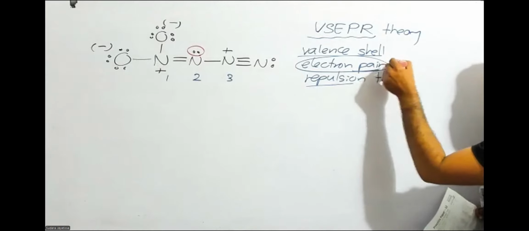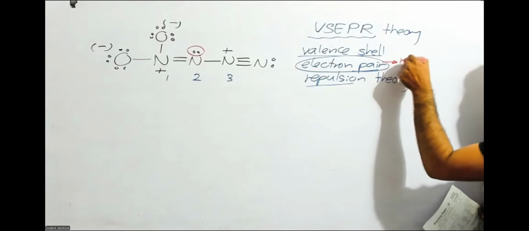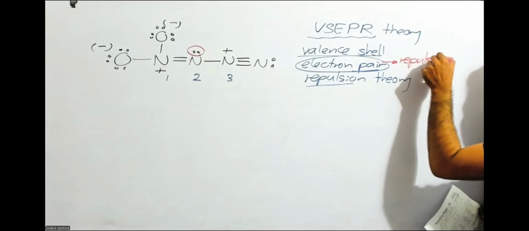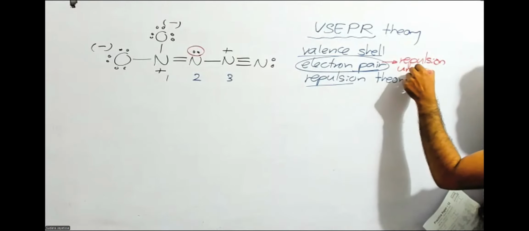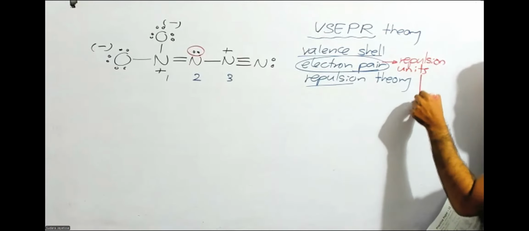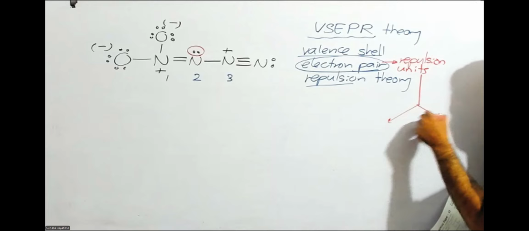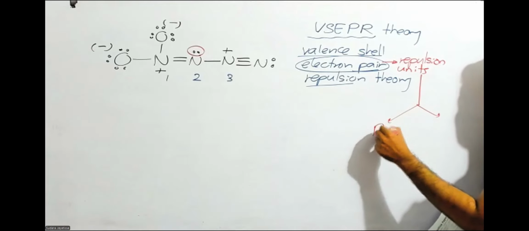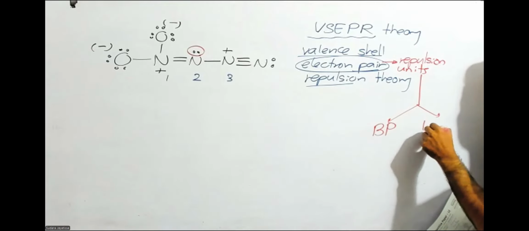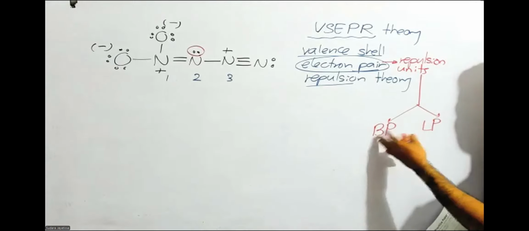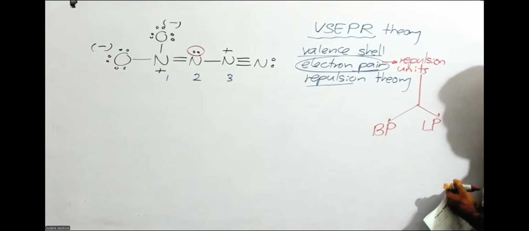The electron pairs that are repelling from each other, we call them repulsion units. There are 2 types of repulsion units: bond electron pairs and lone electron pairs, BP and LP. They repel from each other.